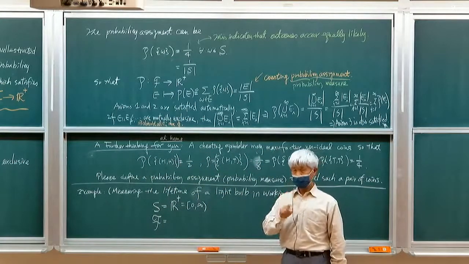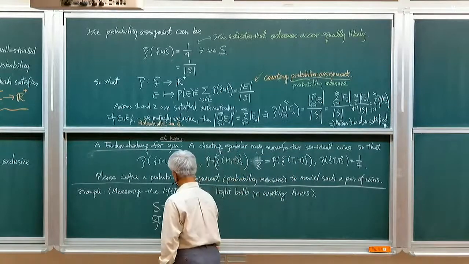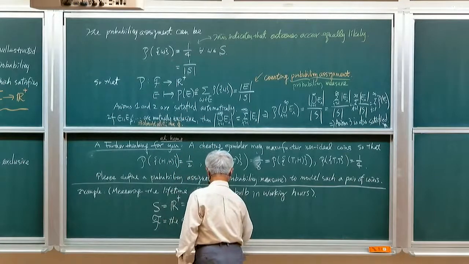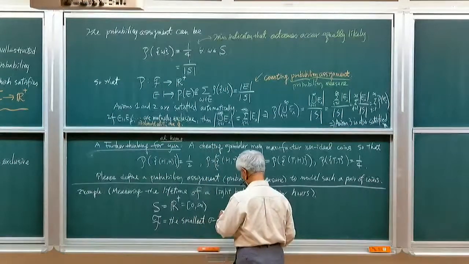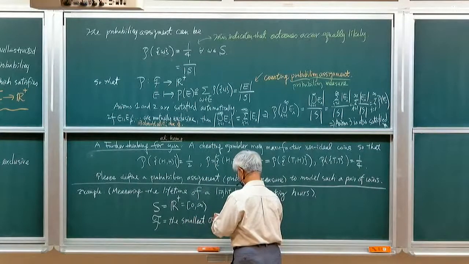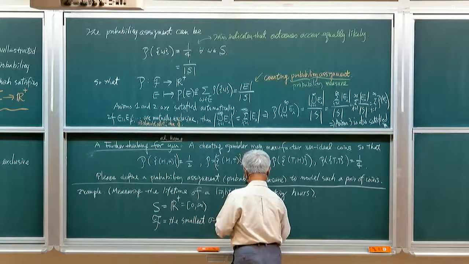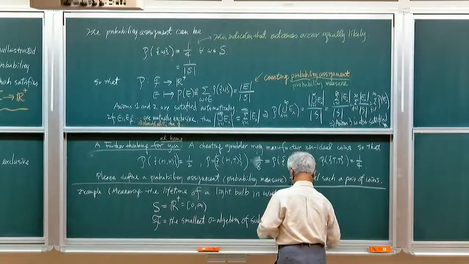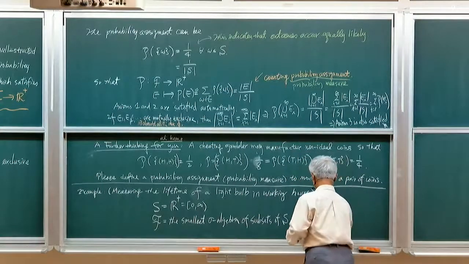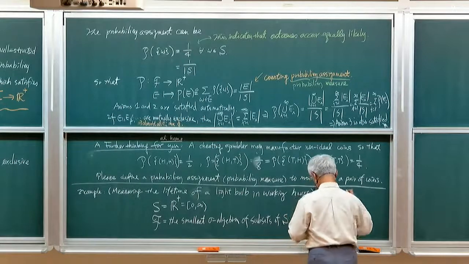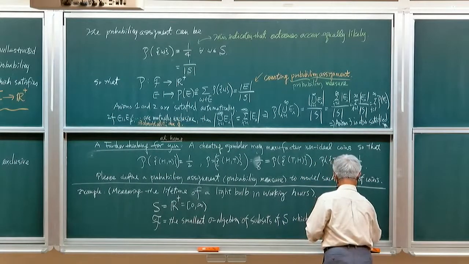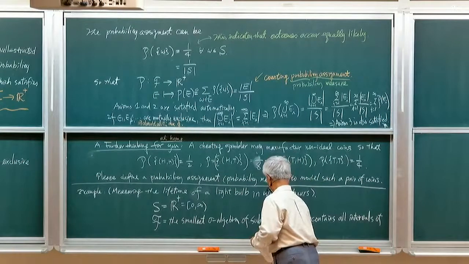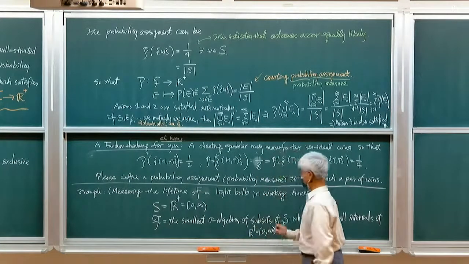If you still remember this example, F is the smallest sigma algebra of subsets of the sample space which contains all intervals of the sample space.